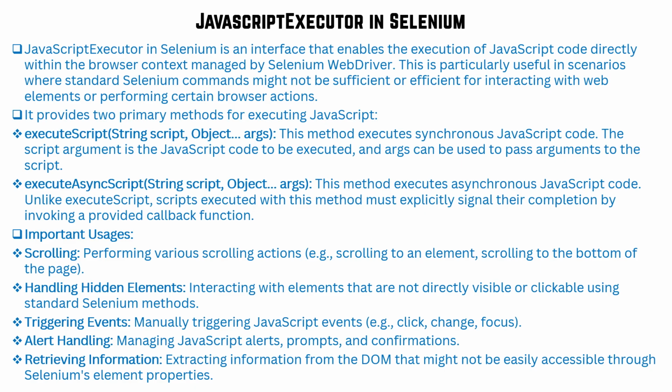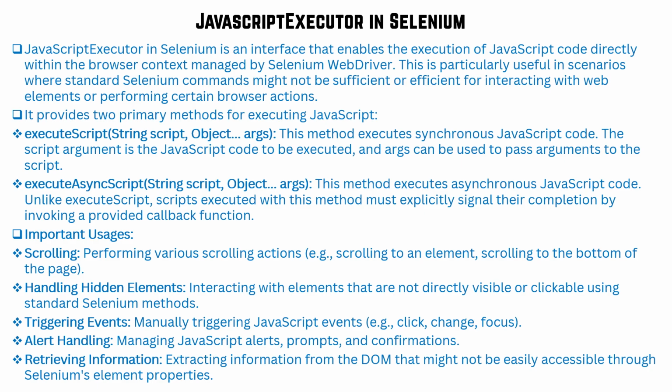So JavaScript executor in Selenium is the interface that enables the execution of JavaScript code directly within the browser context managed by Selenium WebDriver. This is particularly useful in scenarios where standard Selenium commands might not be sufficient or efficient for interacting with web elements or performing certain browser actions. It provides two primary methods for executing JavaScript: one is execute script, one is execute asynchronous script.